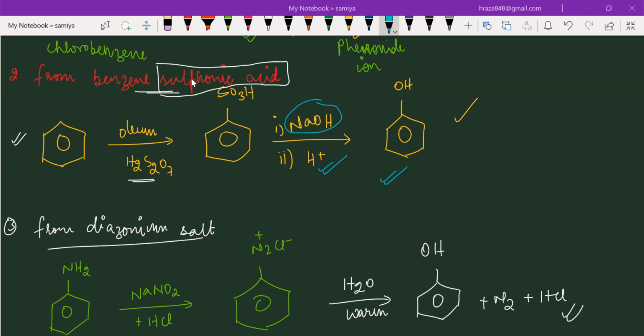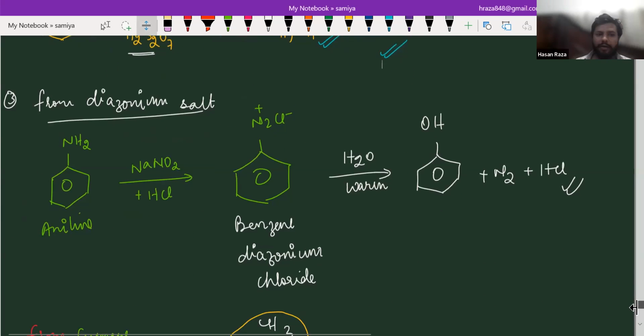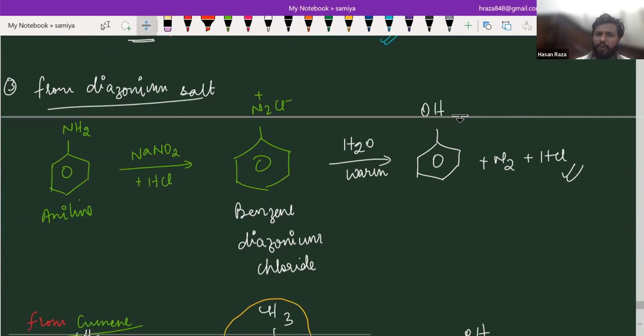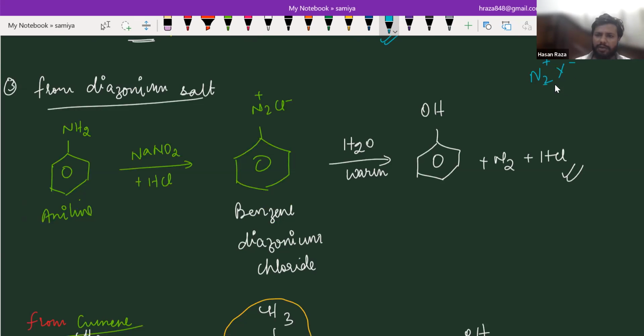Thank you. Very good. So you can see the next method is also very easy, and we are going to prepare phenol with diazonium salt. Do you know what diazonium salt is? This is N2 plus X minus. This is known as diazonium salt. First of all, in order to prepare diazonium salt, we need to react aniline with nitrous acid. NaNO2 in the presence of HCl together is known as nitrous acid.